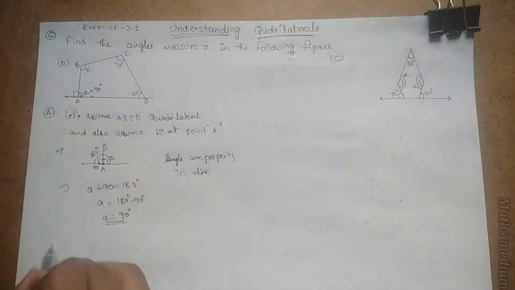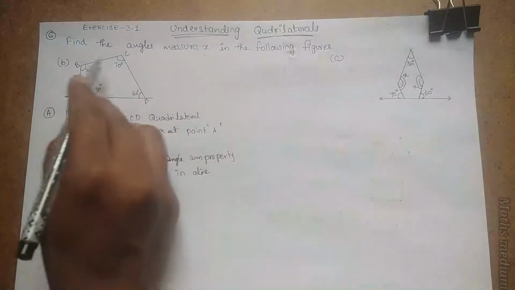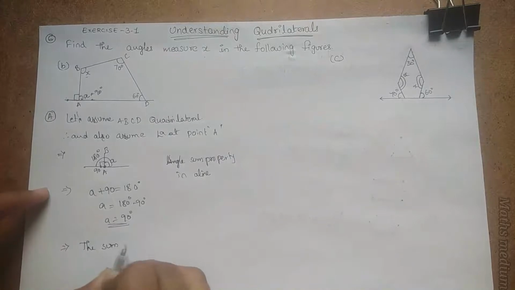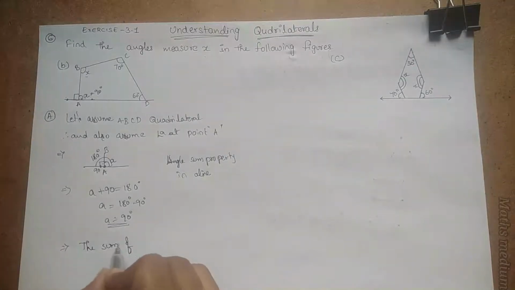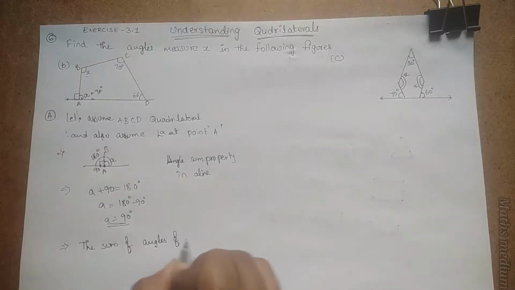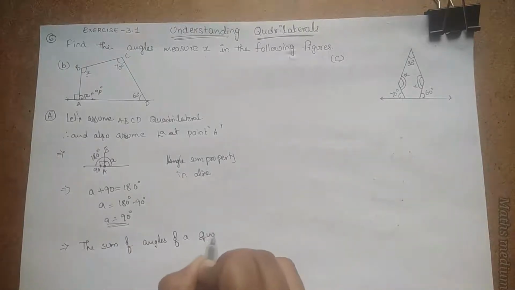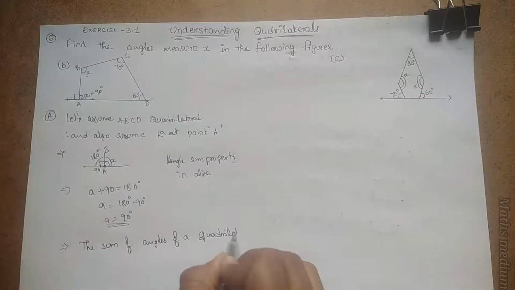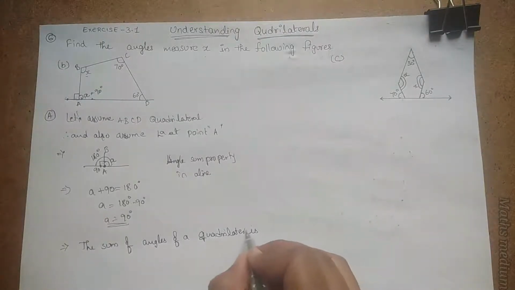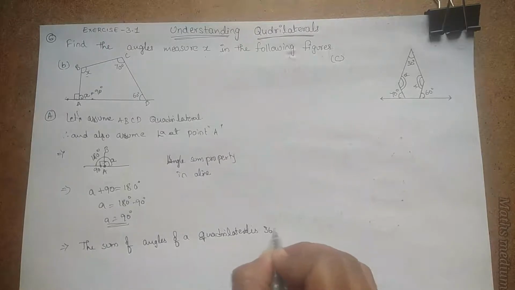Next, the sum of angles of a quadrilateral is 360 degrees.